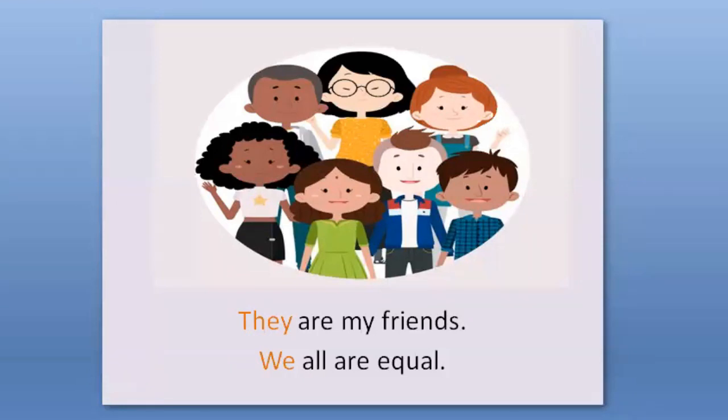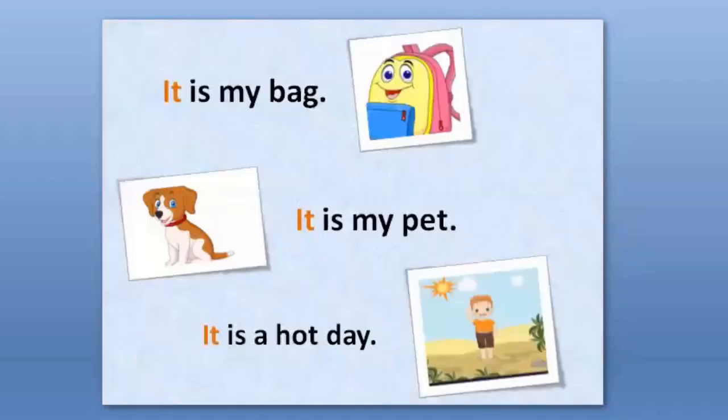Now what about things, places, animals and temperature? When we are talking about things and animals, there is a certain fixed pronoun which you should remember always: it. It is a pronoun that is used for things, for animals, for places, for time, to show the temperature and when we are talking about the weather.